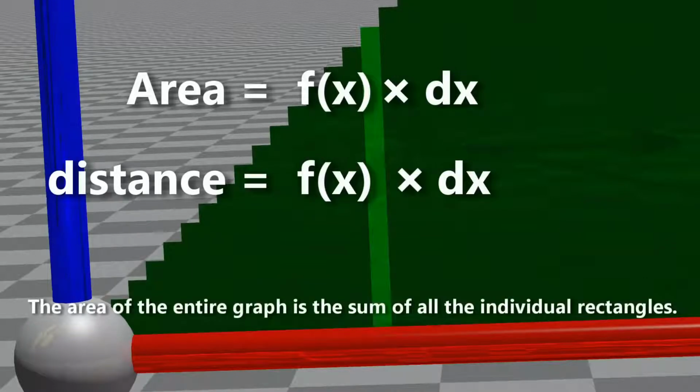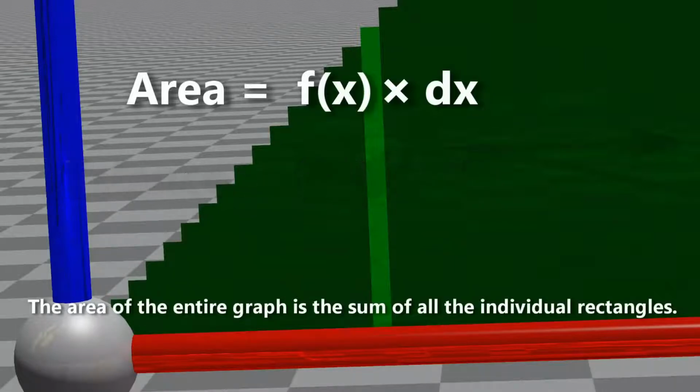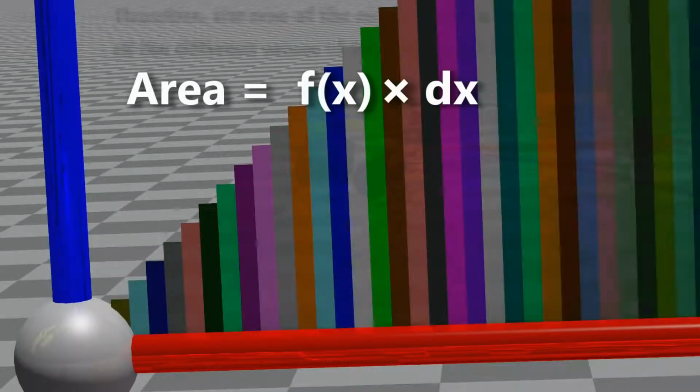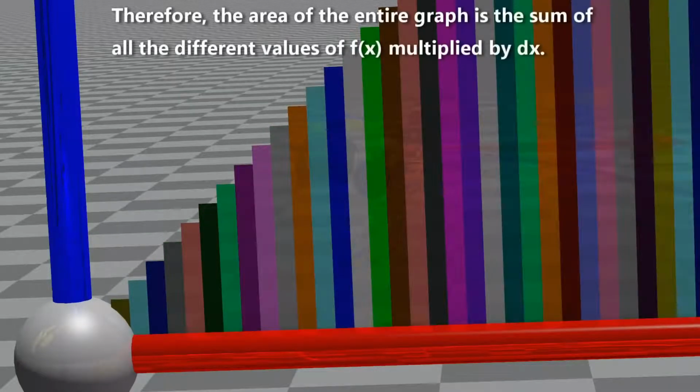The area of the entire graph is the sum of all the individual rectangles. Therefore, the area of the entire graph is the sum of all the different values of f of x multiplied by dx.